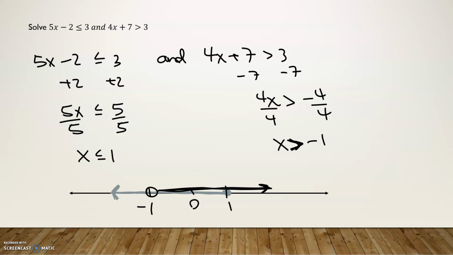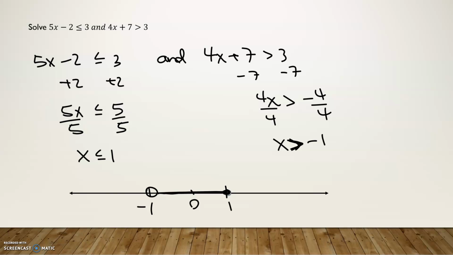Okay, so remember, and is where they intersect or where they overlap. So they're only overlapping between negative 1 and 1. So our final graph is going to look like this right here. We'll have a closed circle here, open circle at negative 1, and go between the two.